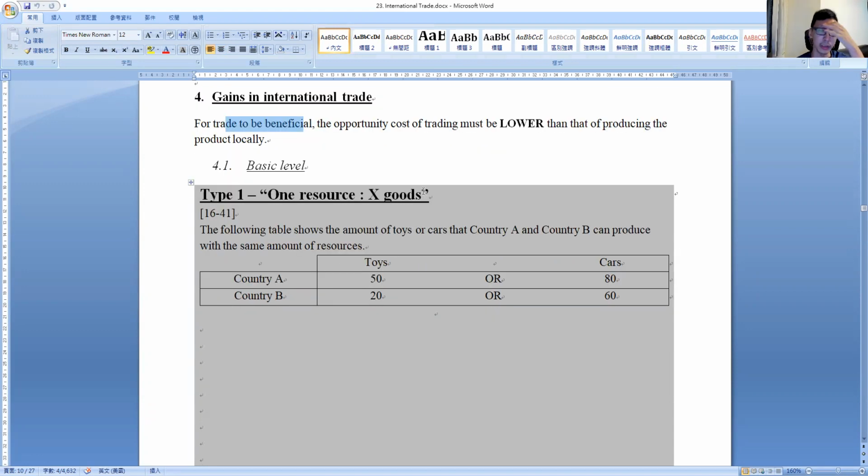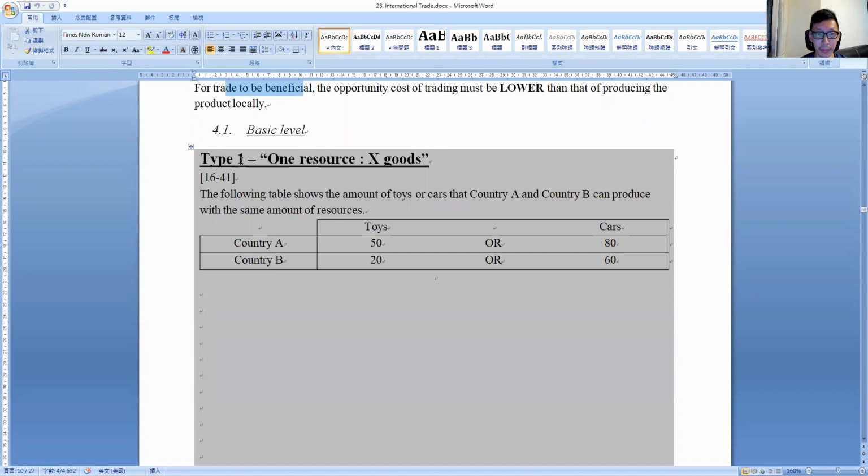Let's take some numbers and look. Now here, type 1 question. This type of question, you have seen it quite a lot of times in a previous video. When we talk about one resource corresponding to X goods, how many goods can one resource make?